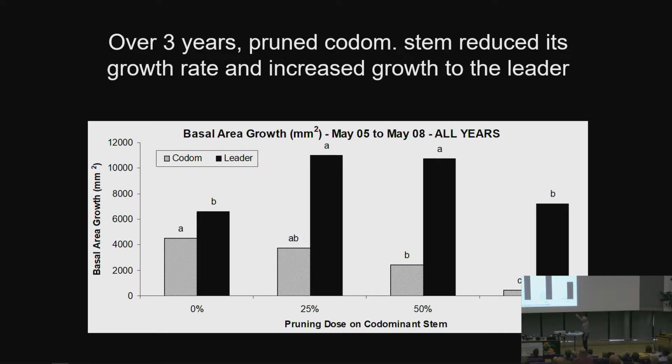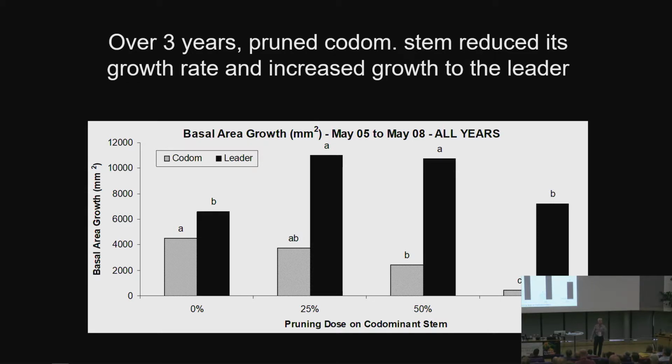So here the stem that was not pruned, in fact, there was no pruning on this tree at all. The stem grew a little bit more than what would have been the pruned side, but this was the check, so it did not get pruned. But look how much growth we forced into the leader when we pruned either 25 or 50% off. That was kind of interesting, right?